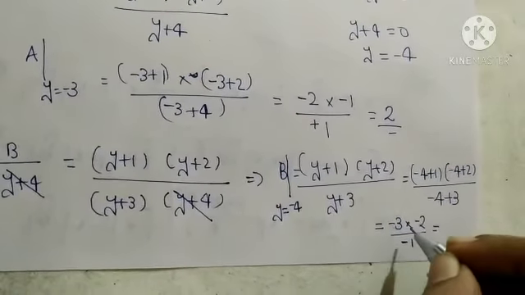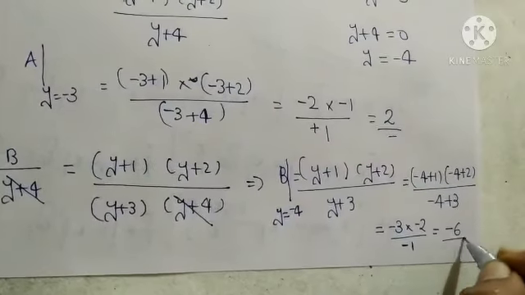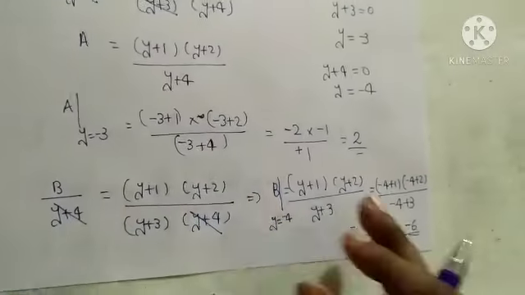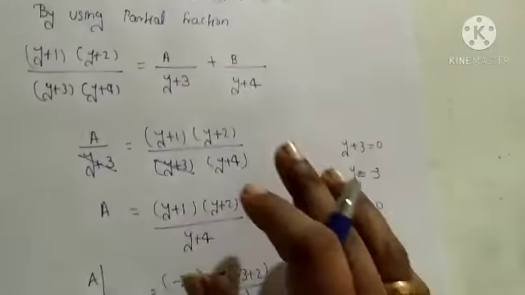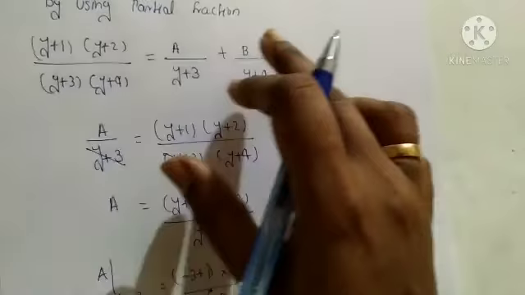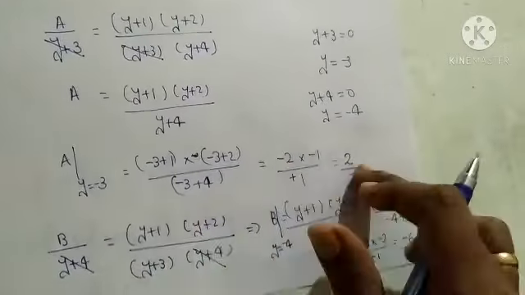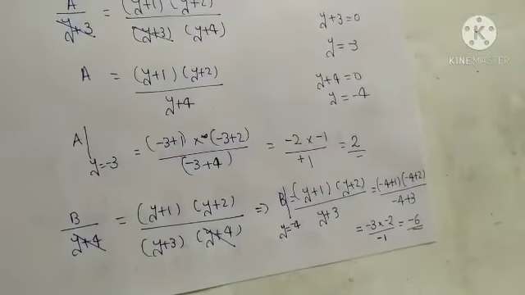Okay, this will be equal to minus 6. So the answer of b is minus 6. Next I am going to replace this a and b by a equal to 2 and b equal to minus 6 in the next step.